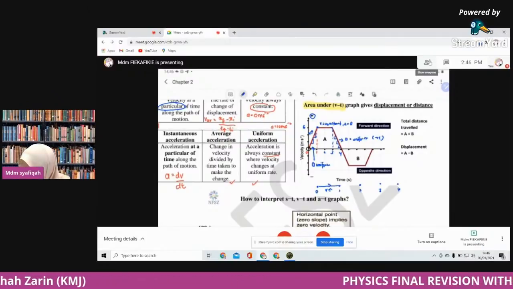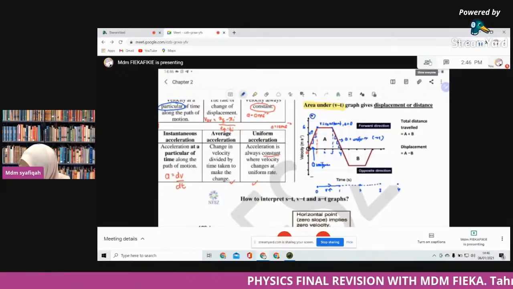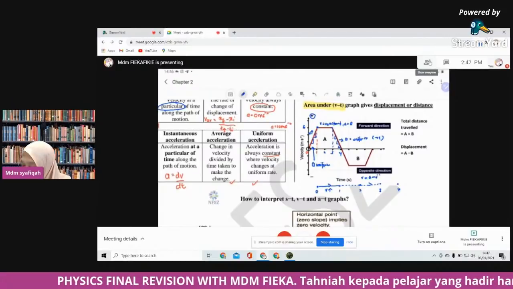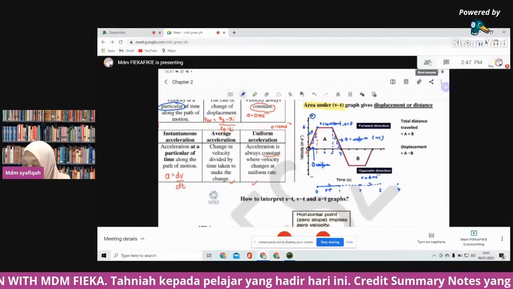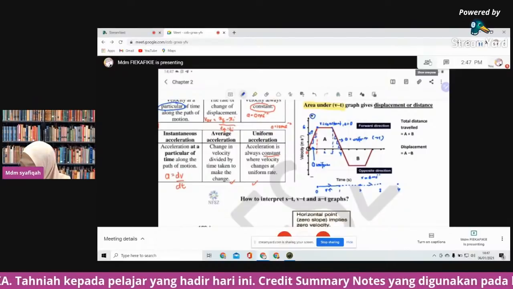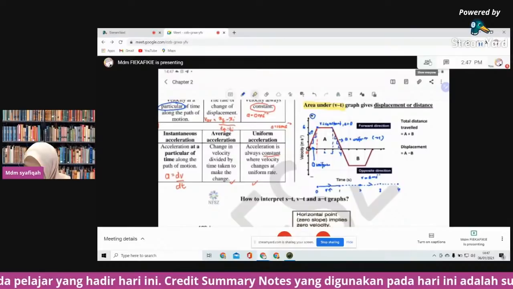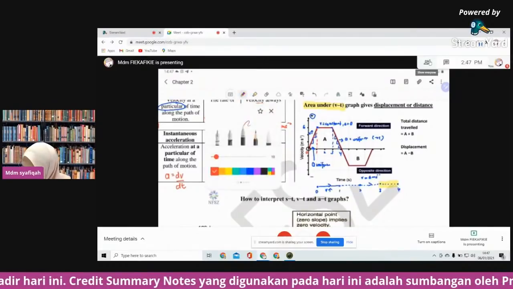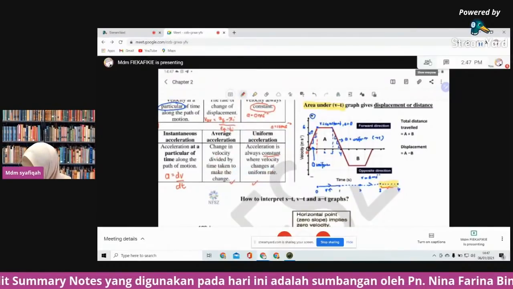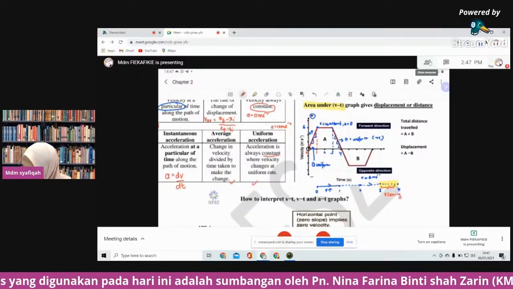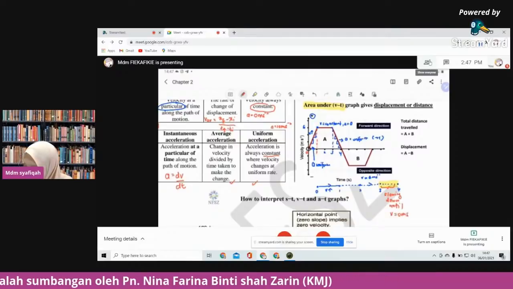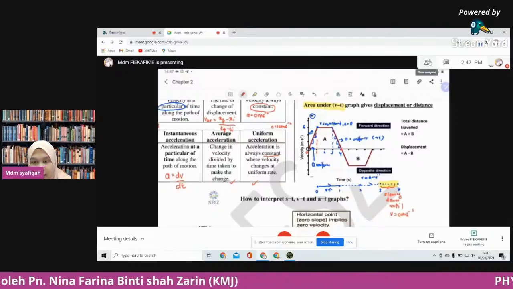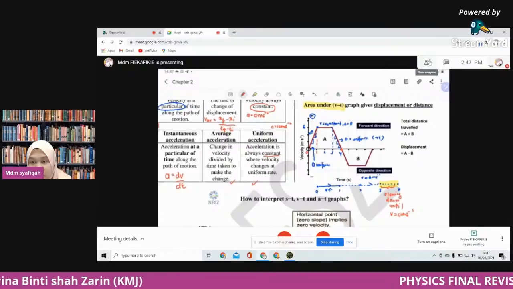So it keeps moving. V is equal to 6 meter per second constantly. And from 3 to 4 second, it is still moving but now it is slowing down, until 0. See here, until 4 second it slows down to 0 meter per second.